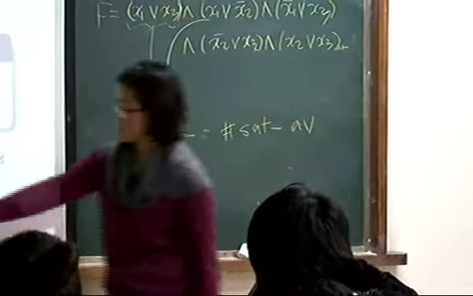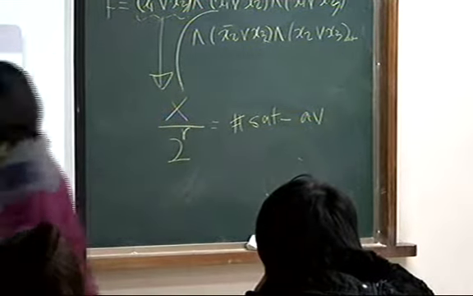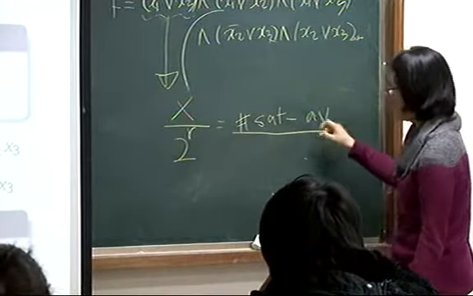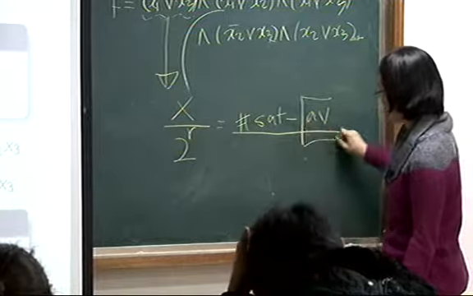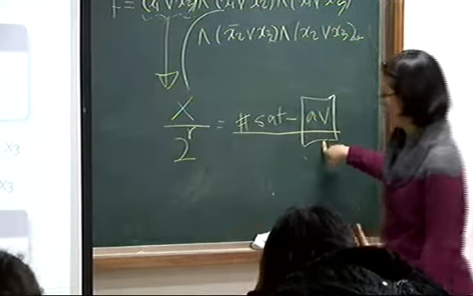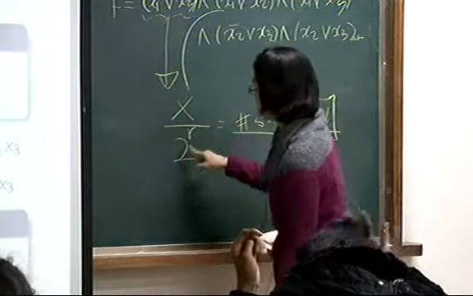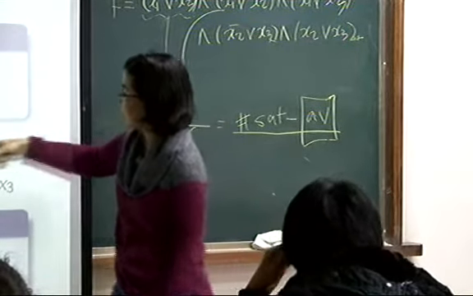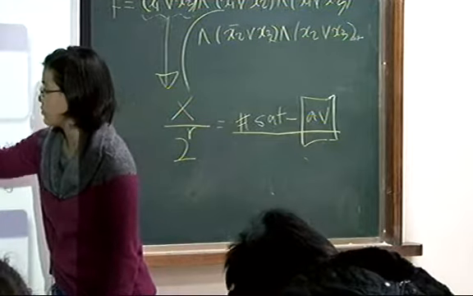If you divide this by 2 to the power of r, then that is the number of satisfied clauses minus the tight average, which equals x over 2 to the power of r. So in this case, we can have maximum x equal 5.